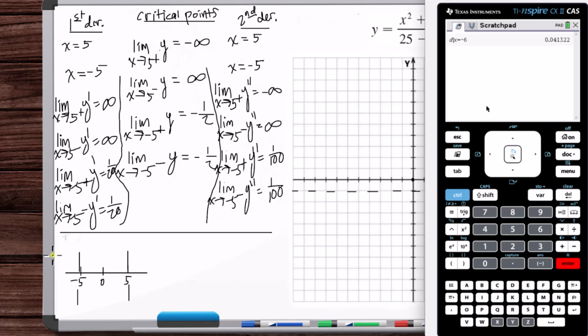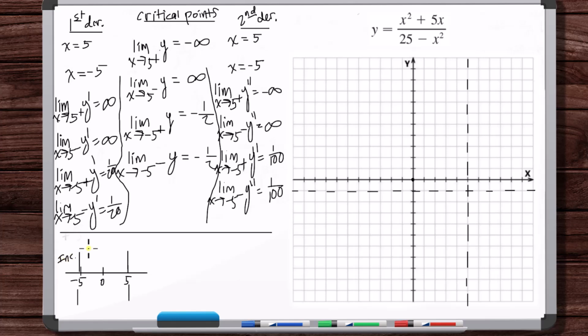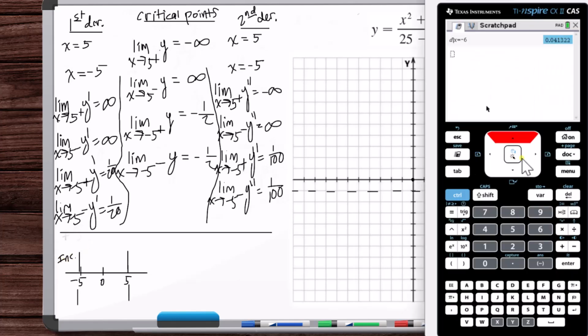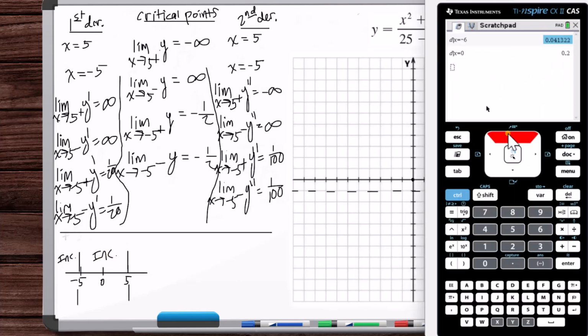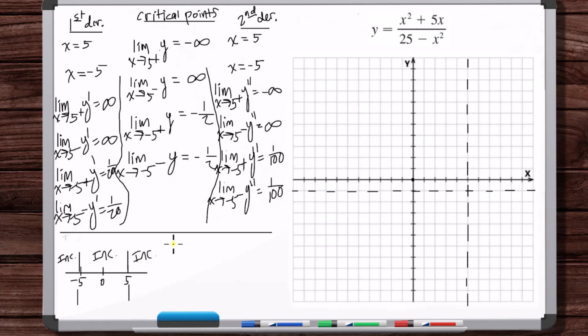It's positive, so increasing. What about D with x equal to 0? It's 0.2, so increasing. And D with x equal to anything above 5 is increasing, so increasing everywhere.